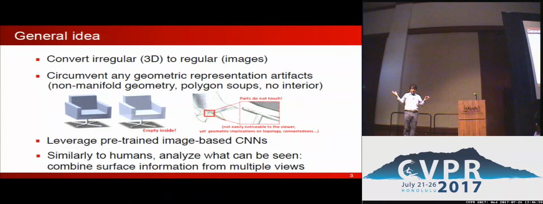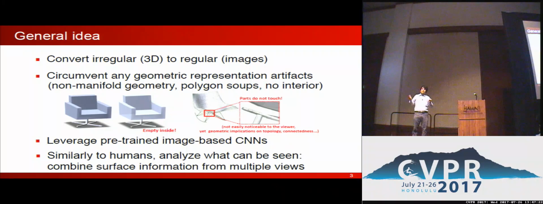So essentially, the advantage that you get directly by doing this conversion is that you escape from geometric artifacts. Representations like polygon meshes commonly have artifacts, like non-manifold geometry, irregular tessellation, parts that are disconnected. So the rendered images will not be affected by this kind of tessellation artifacts, or will be minimally affected.